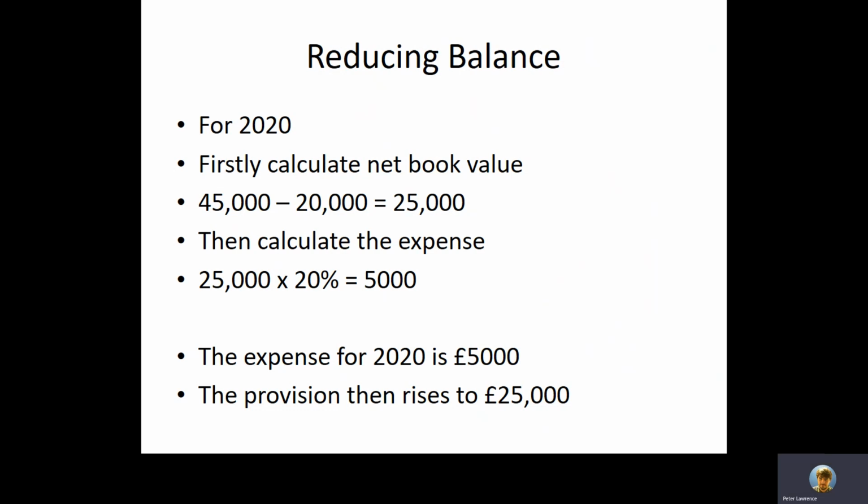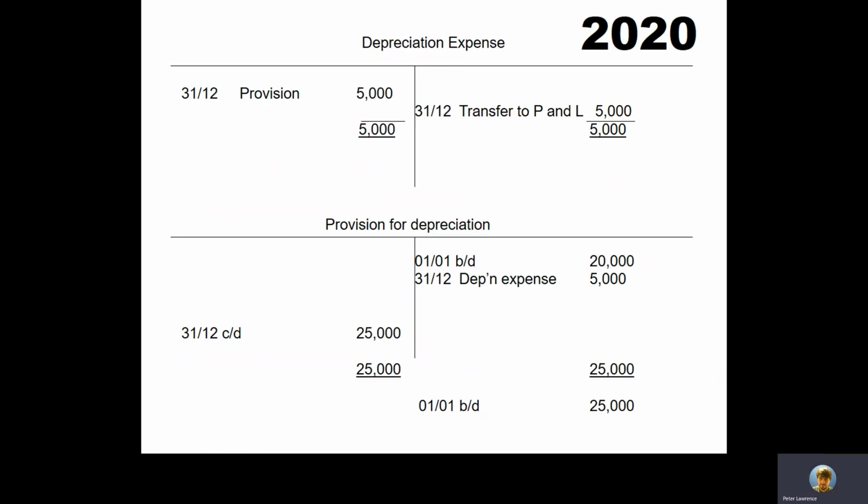So for 2020, we calculate the net book value. So the cost minus the provision gave us £25,000 net book value. The expense is then that 20% of the net book value. So it's £5,000. So the double entry would be to create the expense for 5,000 and to increase the provision to 25,000. There you go.